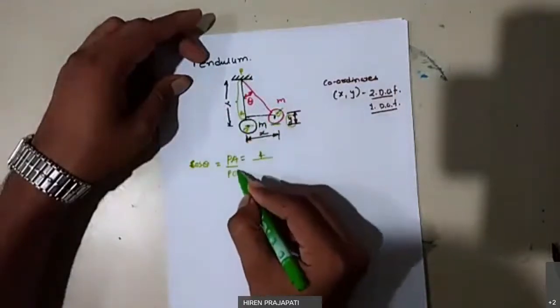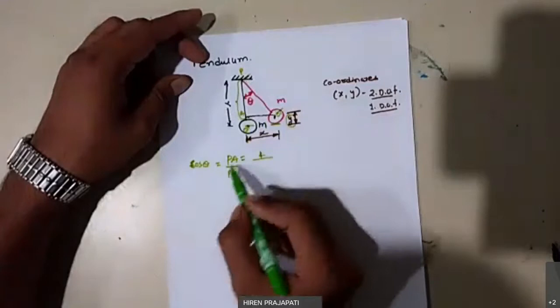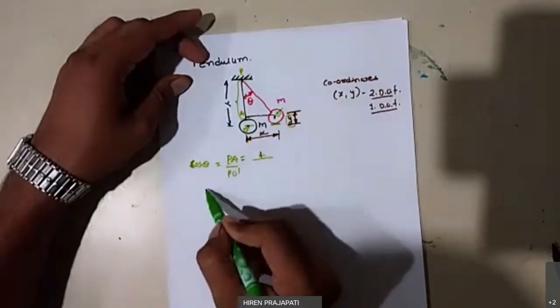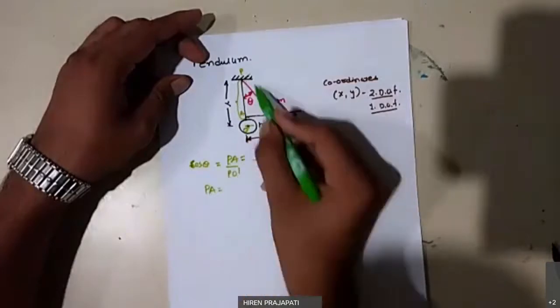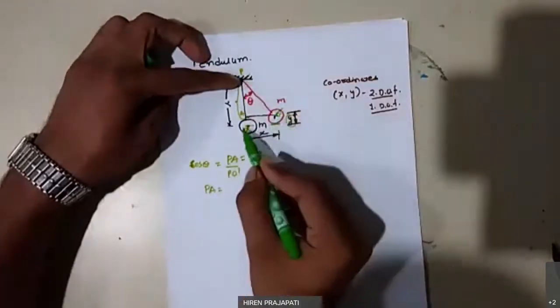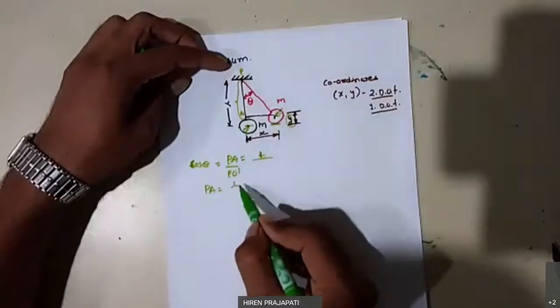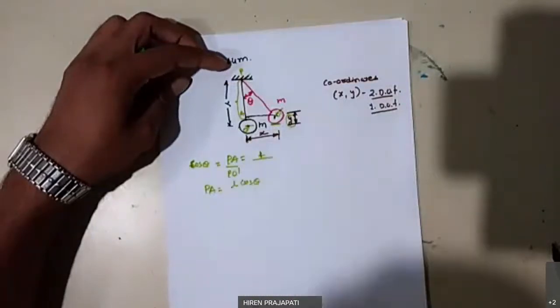Now I'm interested to find out CA. So CA is equal to CO dash, and CO dash is the original length L. So L cos theta, right?